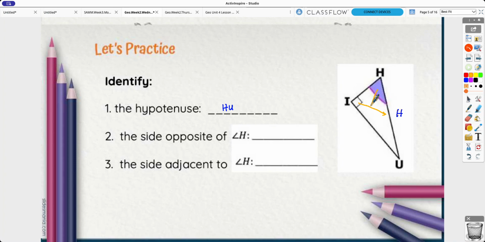So across from H, right opposite H is IU. So IU is the opposite side. And then adjacent to angle H, right next to angle H, the unmarked side that we have here, that would be the adjacent side. So the adjacent side is IH. And again, these letters can be switched.